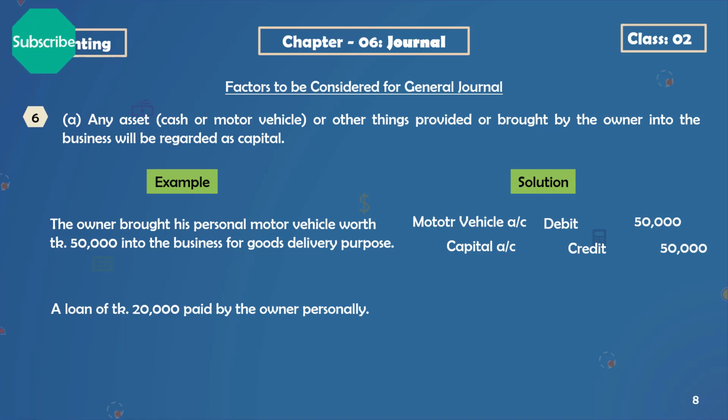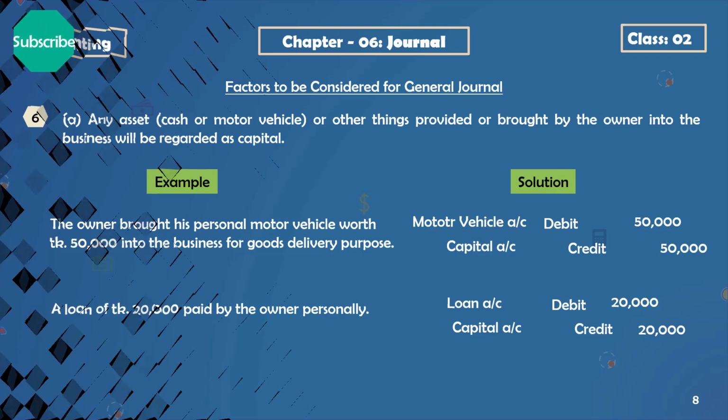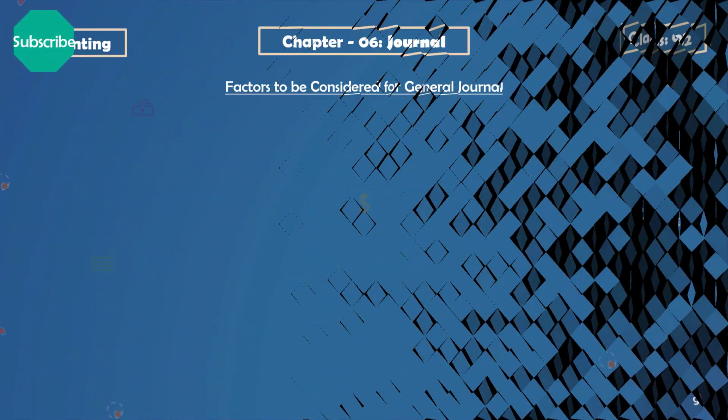Remember this very carefully. Okay, so loan account debit and capital account credit, because the owner paid the loan, so money came into the business from the owner's side. Okay, all right.